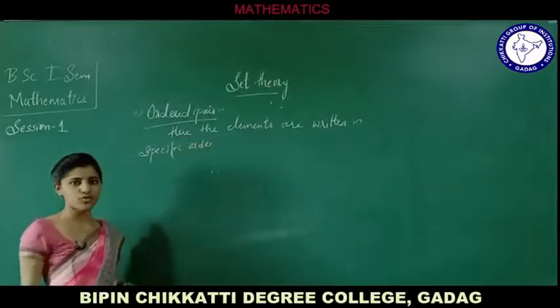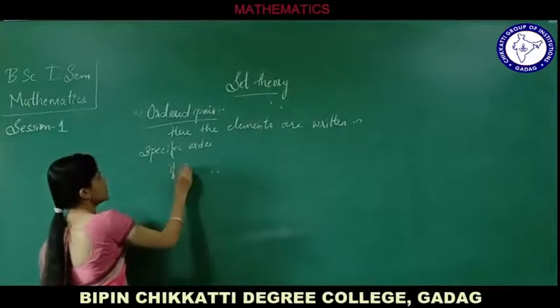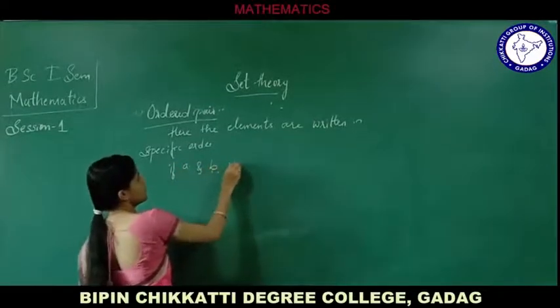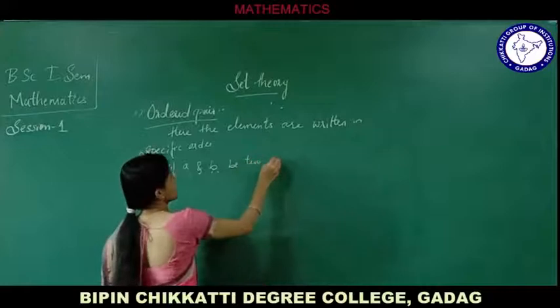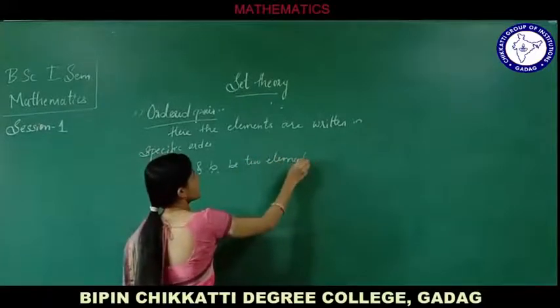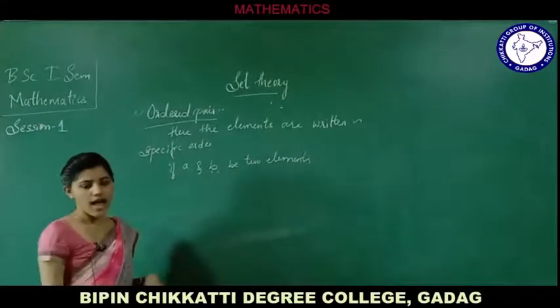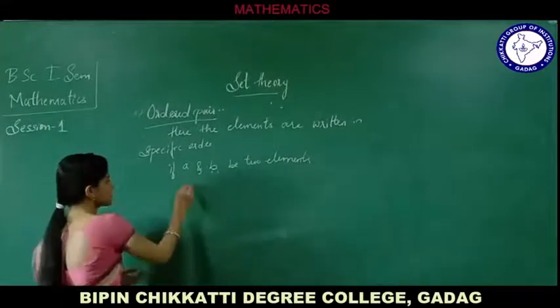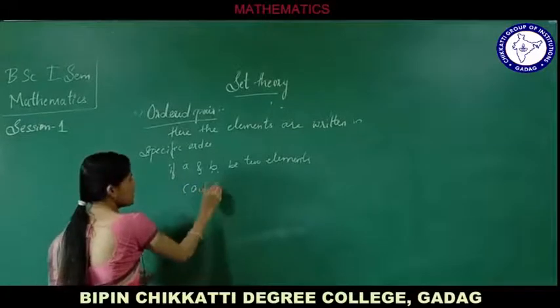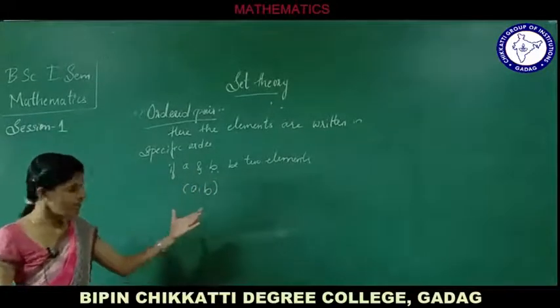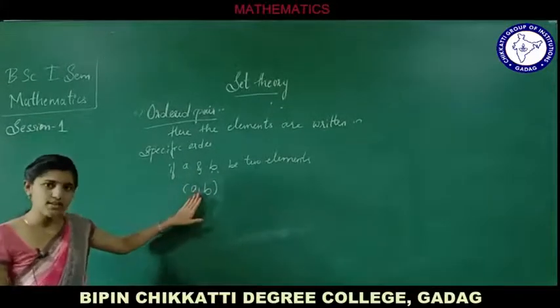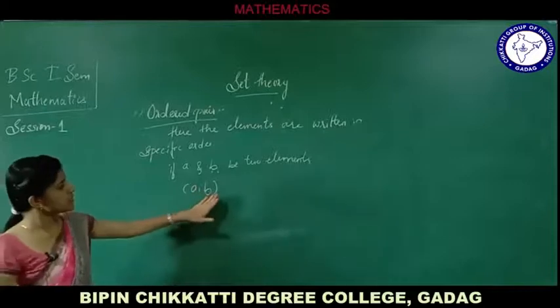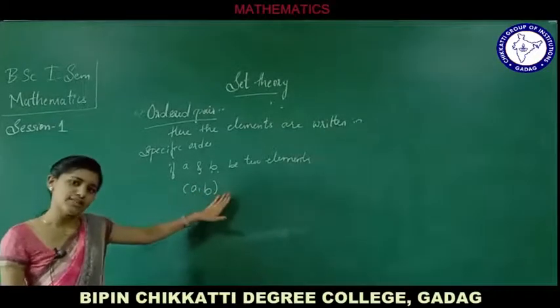Suppose we have two elements, A and B. Then I am going to write an ordered pair in such a way that I will write A comma B. This is one order. Here A occupies the first place and B occupies the second place.